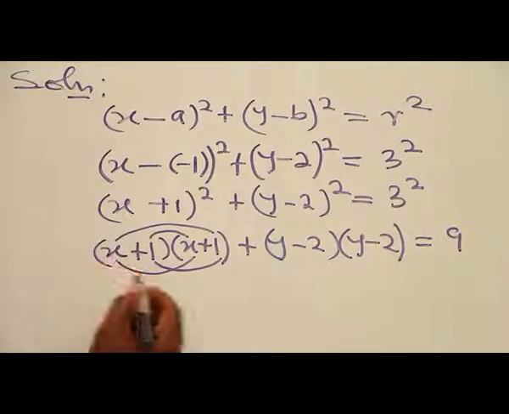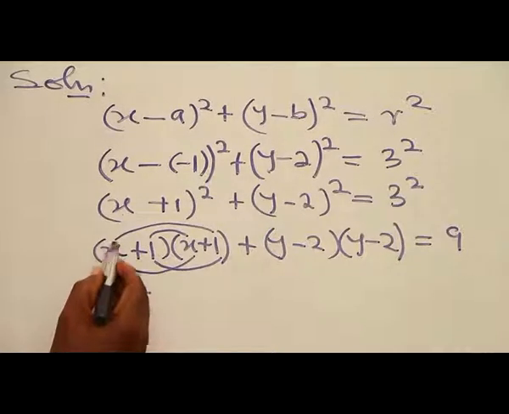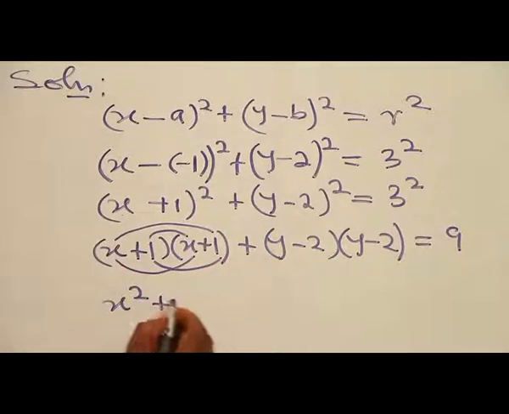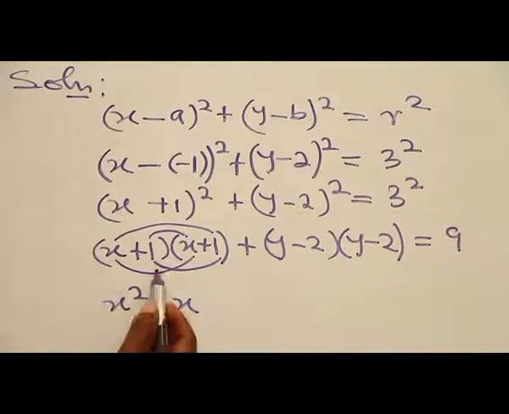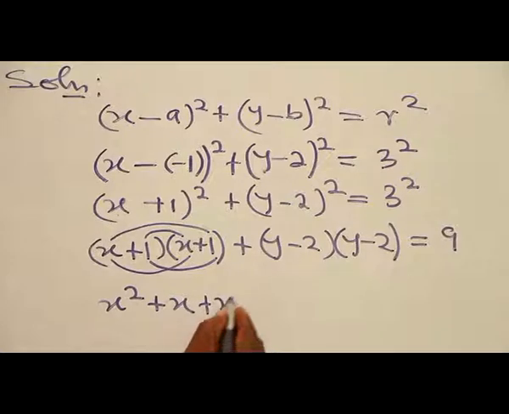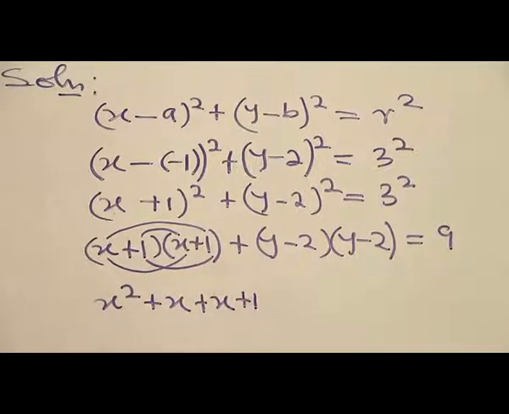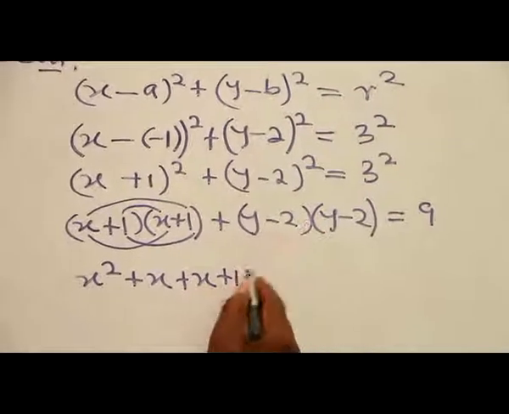Now let's go. x will multiply x to give you x squared. The same x will multiply 1 to give you plus x. Then our 1 will multiply x to give you plus x. And our 1 will also multiply 1 to give you plus 1. Then you do the same thing here.